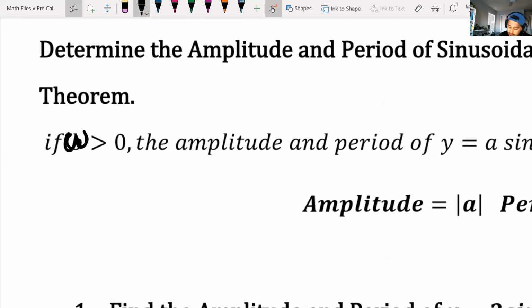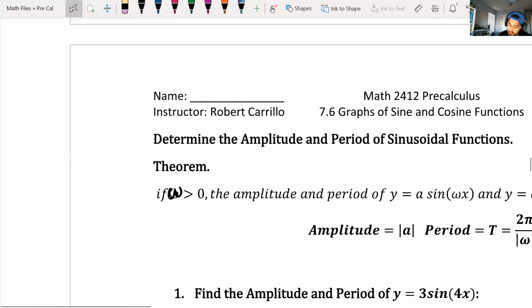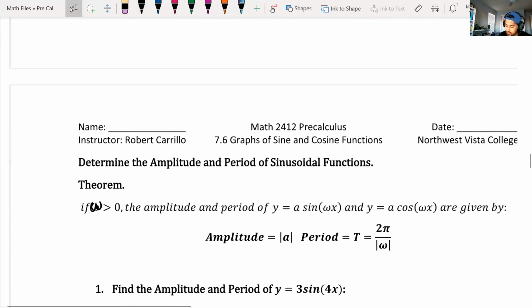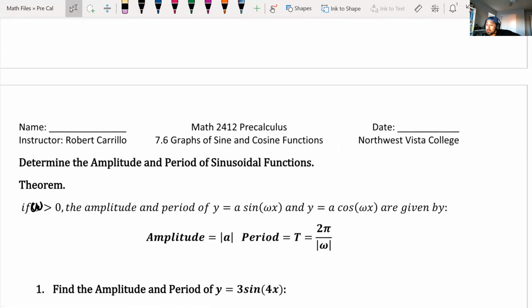There we go. If omega is greater than 0, the amplitude and period of y equals a sine omega x and y equals a cosine omega x are given by the amplitude is equal to the absolute value of a, and the period is given by T equals 2 pi over the absolute value of omega.